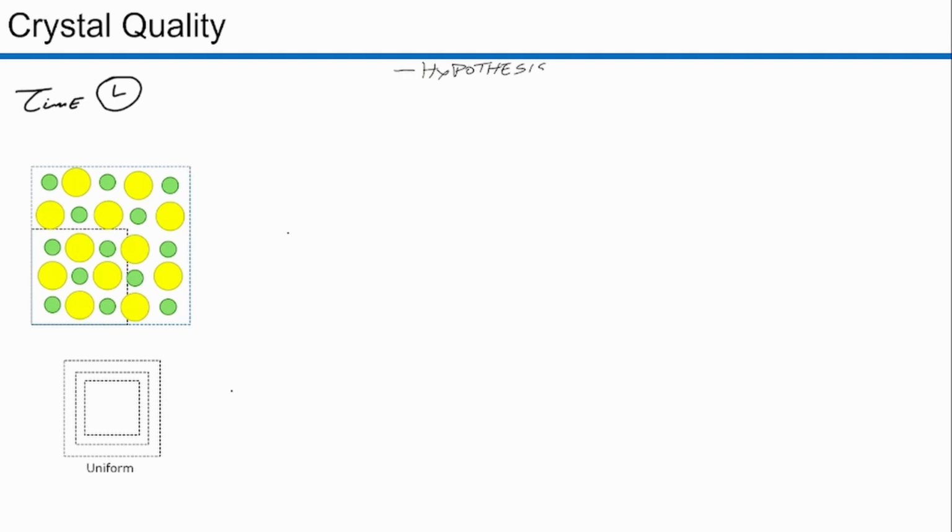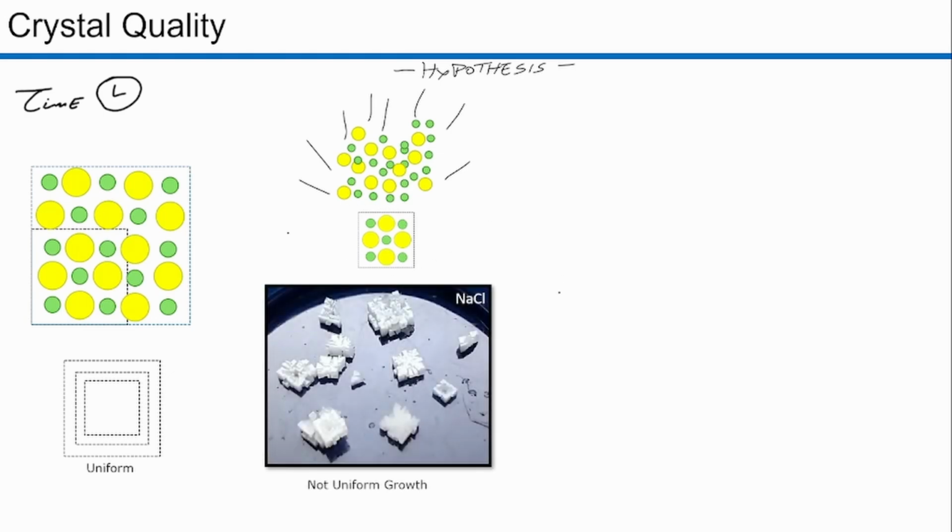But consider the following hypothesis. If your crystal, let's say this is the crystal, and there's a bunch of atoms, there are too many atoms coming down to join this crystal, they probably won't have enough time to find their way to the best position along the lattice. That's why sometimes with higher evaporation rates we get these strange, fractal-like crystals from sodium chloride, which should be cubic.